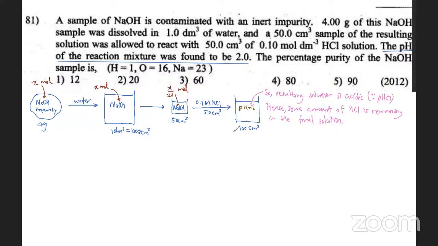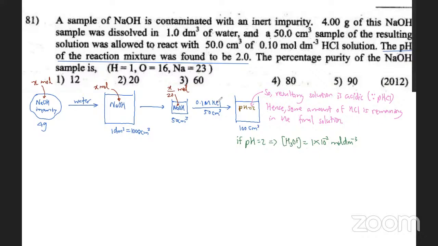So here, very important, the final volume is 100 centimeter cube, and pH is 2. If pH is equal to 2, we can say H3O plus concentration is equal to 1 into 10 to the power minus 2 mole per decimeter cube, and that H3O plus concentration is created only by remaining HCl.